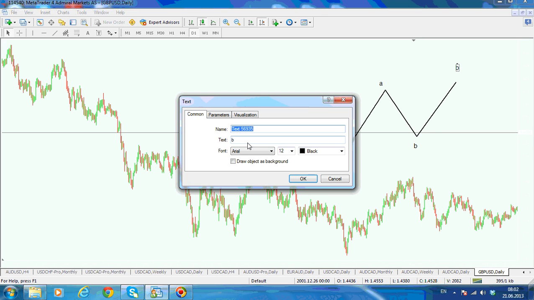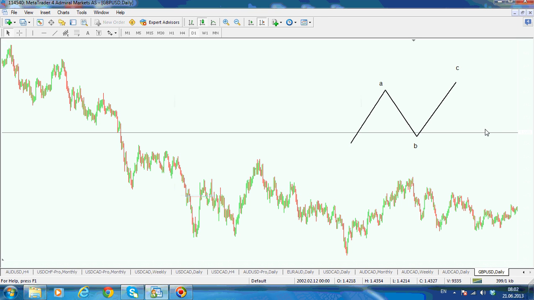Now this is a flat with an ABC. ABC looks like a flat that is of corrective nature, and a flat has a characteristic structure of 3-3-5 for the inner waves, or the subwaves, or the waves of a smaller degree, or the waves of a lower degree within the ABC.